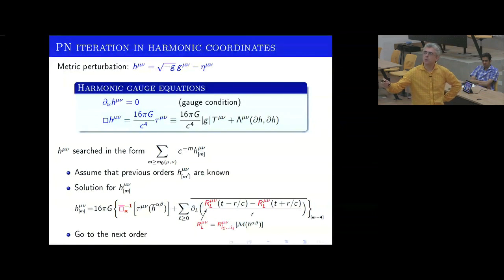And if we assume that the previous orders are known, we can obtain the solution at order M in the following way. We apply the retarded integral on the source tau mu nu. We expand it formally as if we were allowed to do that mathematically.